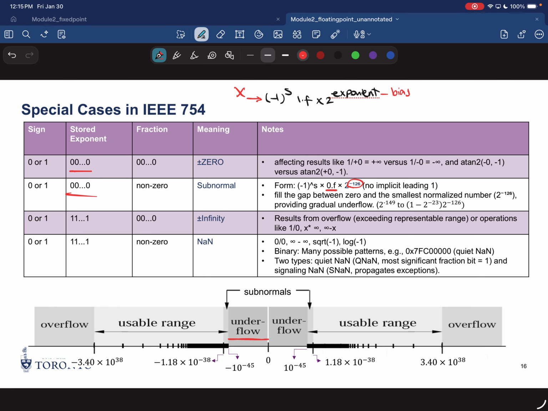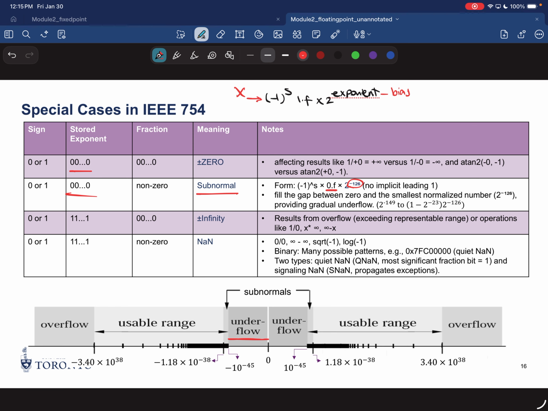You know, the difference between 2 to the power of minus 127, which was the smallest value that we could have shown with normal floating points, instead of going from 2 to the power of minus 127 to 0 immediately and then underflow, we are doing that gradually. And that's the impact of subnormals.